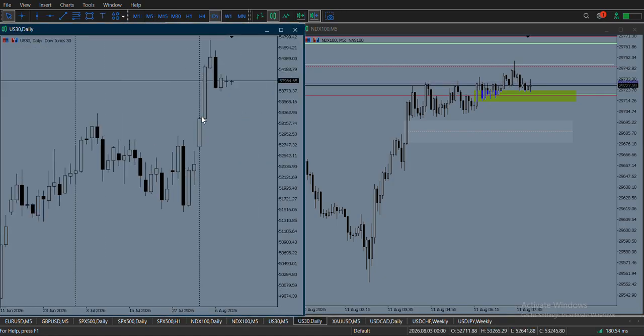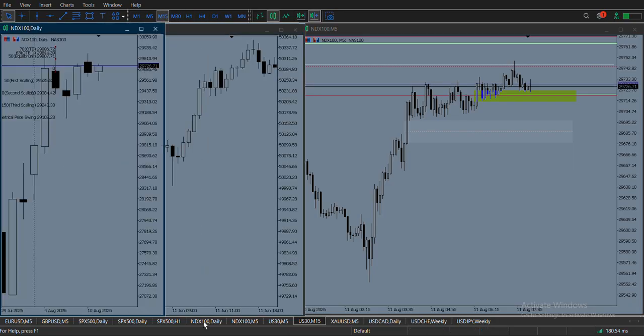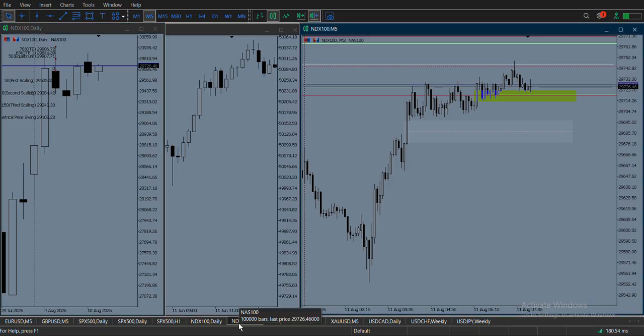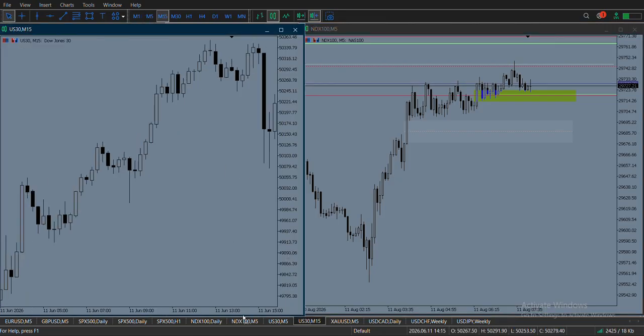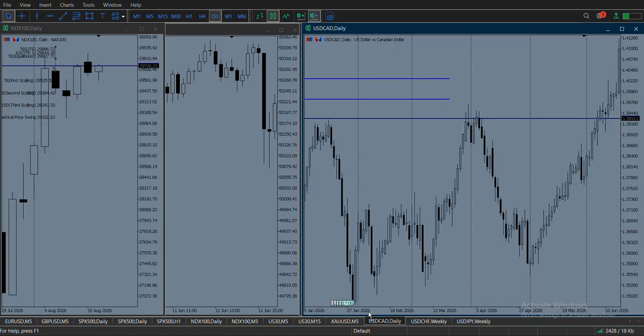So let's look at this 15-minute chart. Oh, this is EUS 30. What have I done? I've misplaced my 1 hour chart for Nasdaq. So that's not bad at all.